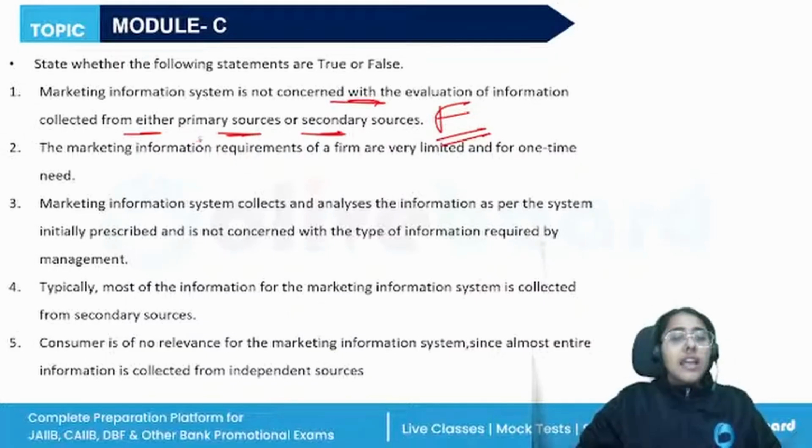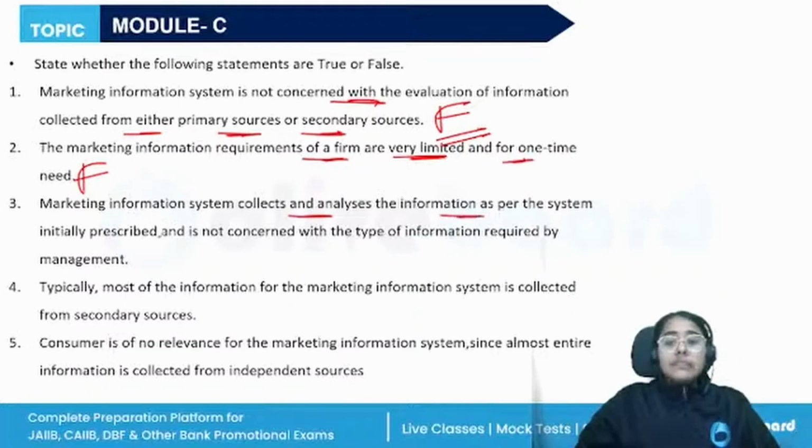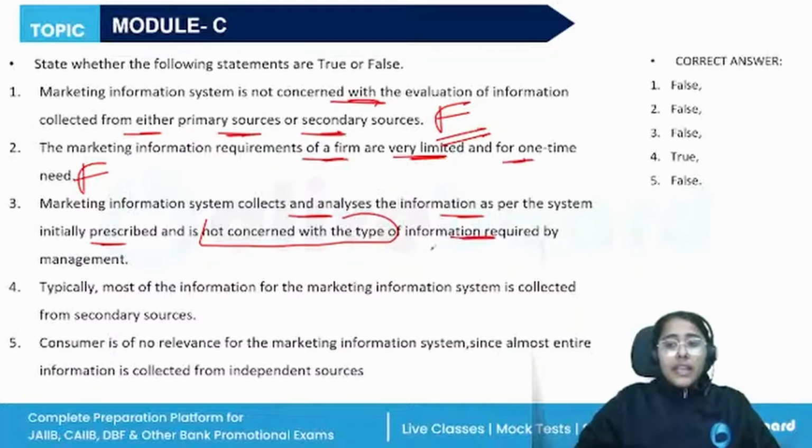Second statement, the marketing information requirements of a firm are very limited, and for one time, again, it is false. The data which is stored can be retrieved and used any number of times by the decision makers. The marketing information system collects and analyzes the information as per the system initially prescribed, and it is not concerned with the type of information required by the management. This again is a false statement.